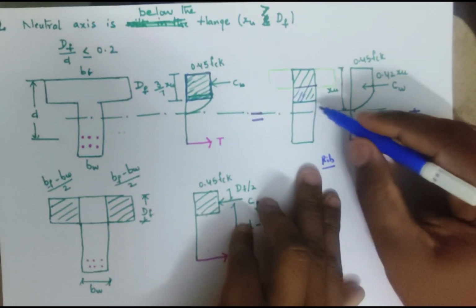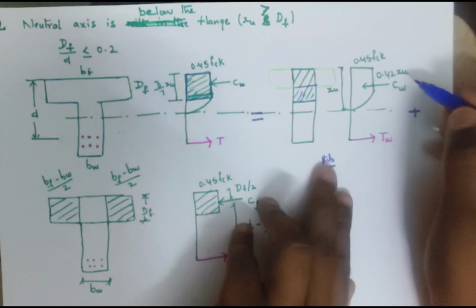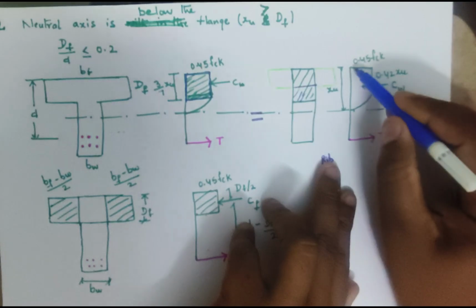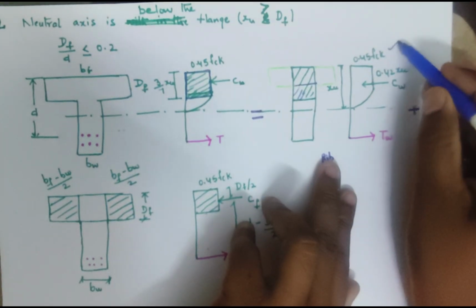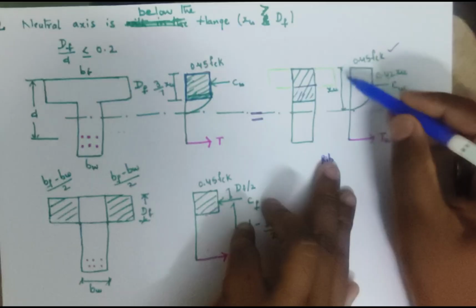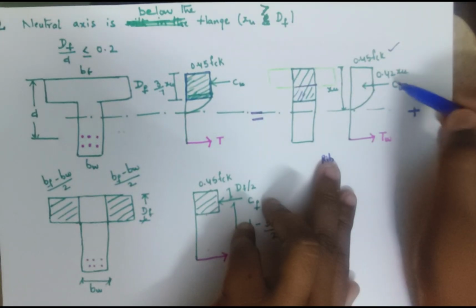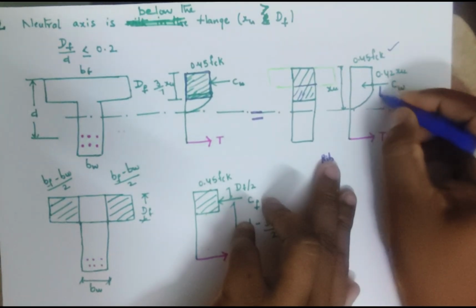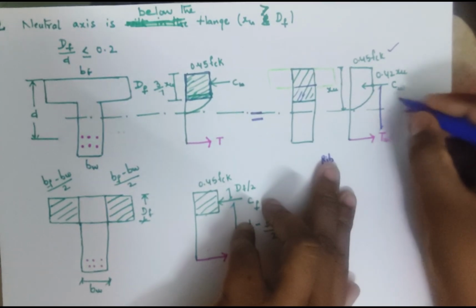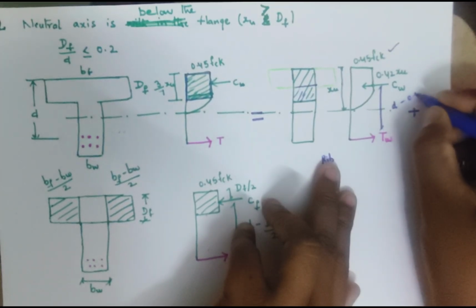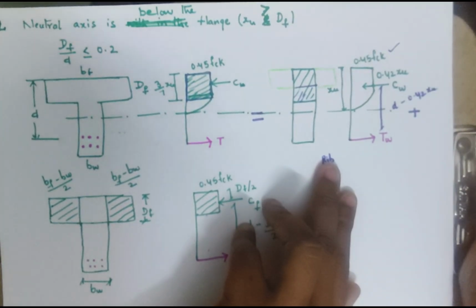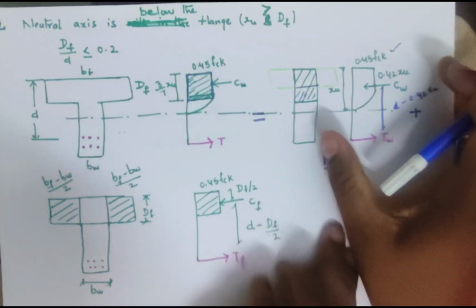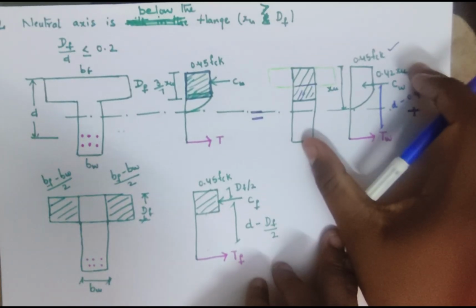It is similar to the case of rectangular portion, so these formulas are also the same. The outermost fiber has reached the stress 0.45 fck. The compressive force will be at a distance of 0.42 XU. The distance between compressive force and tensile force will be d minus 0.42 XU. Okay, no issue with this part.